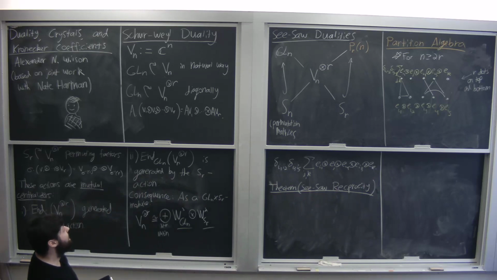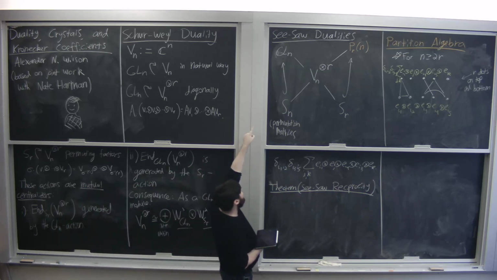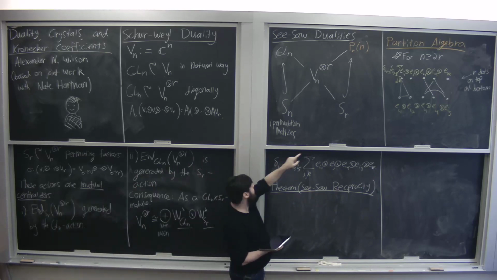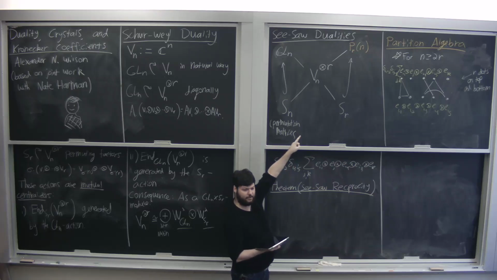So what I'm saying in this picture is that the GLN and the SR commute, and the SN and the PRN commute.